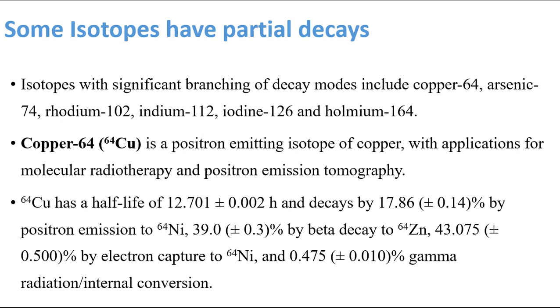Some isotopes have partial decays, and here I have put some examples, like copper 64. It has more than one decay, and so does arsenic 74, and there are different materials. You can see in the slide, copper 64 has a half-life of 12.70 plus or minus 0.002 hours and decays by positron emission to nickel.